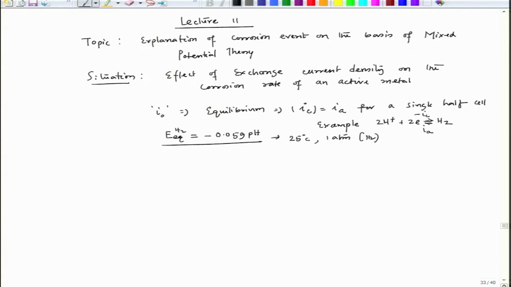Now, this I 0, if we consider for hydrogen evolution reaction on different metals, let us say we consider zinc and we consider platinum.